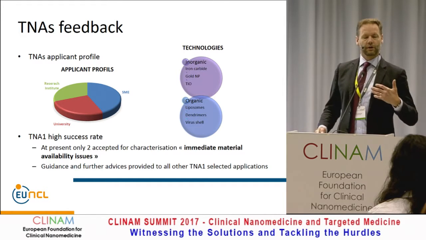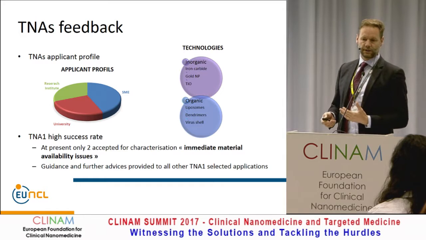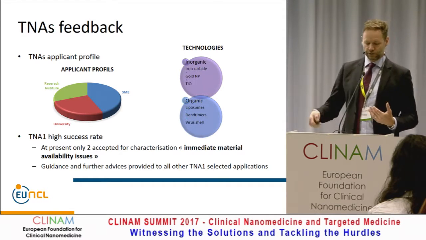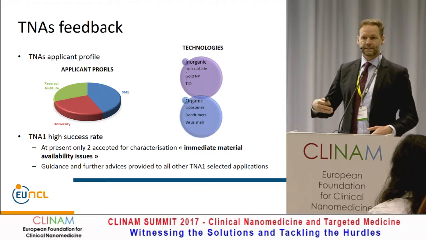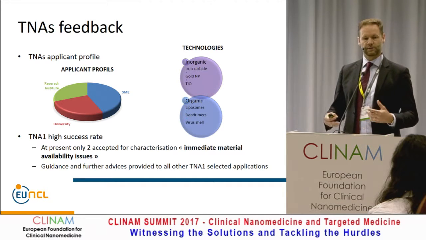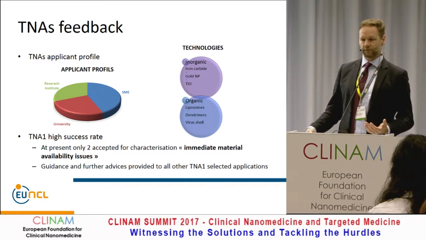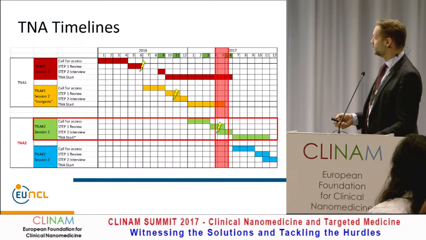And if the application has been accepted at the second level, then we'll bring you support as well in order to set up the most relevant production process in order to gain the quality and the quantity level requested to go through the EUNCL.